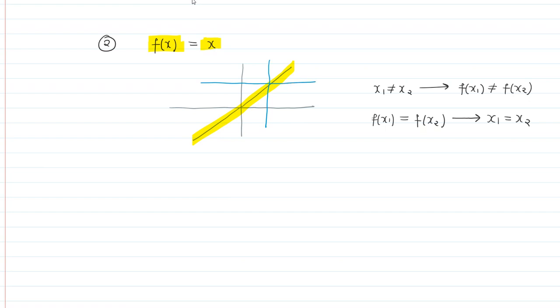Remember the condition again: a function is one-to-one if x1, x2 are not equal and belong to the domain, then f(x1) is also not equal to f(x2). Or, if f(x1) is equal to f(x2), then x1 and x2 must be equal. So these are the two conditions; either of the conditions is true for a one-to-one function.